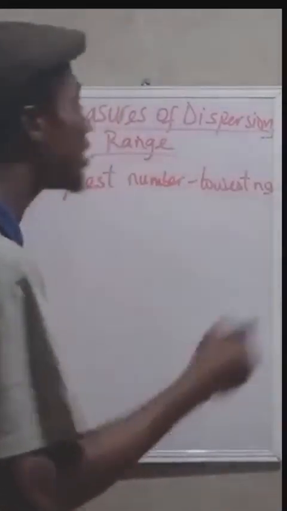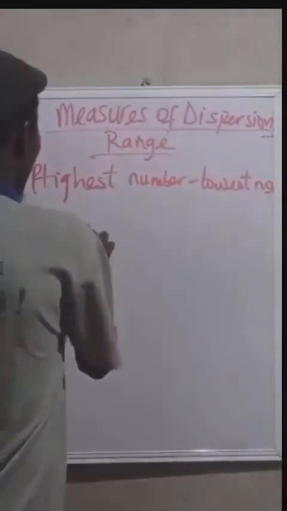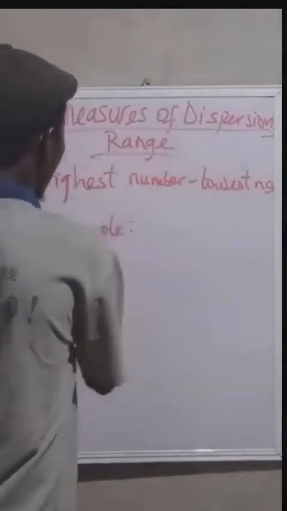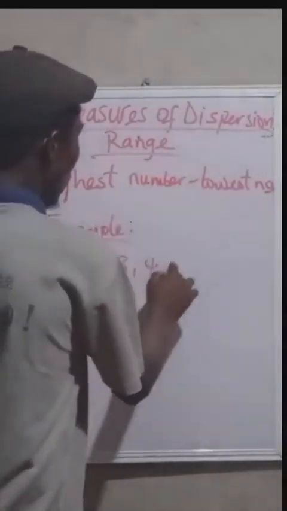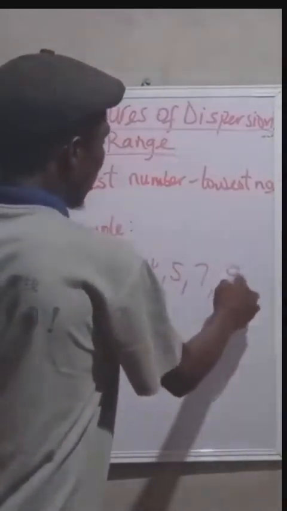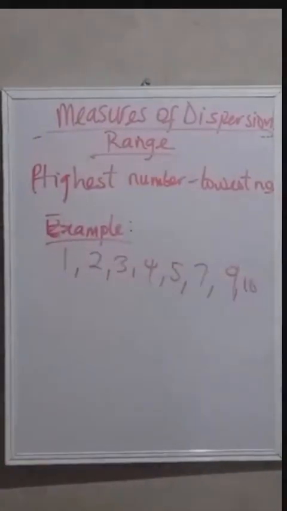For example, let's assume you are given 2, 1, 2, 3, 4, 5, 7, 9, 10, and you are asked for the range of the set of data. Your range is very simple.